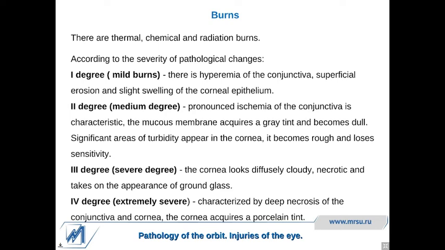The cornea acquires a porcelain tint. It is totally white. It totally loses transparency, and of course loses sensitivity, which starts already in the second stage. So these are the 4 stages of severity of burns.